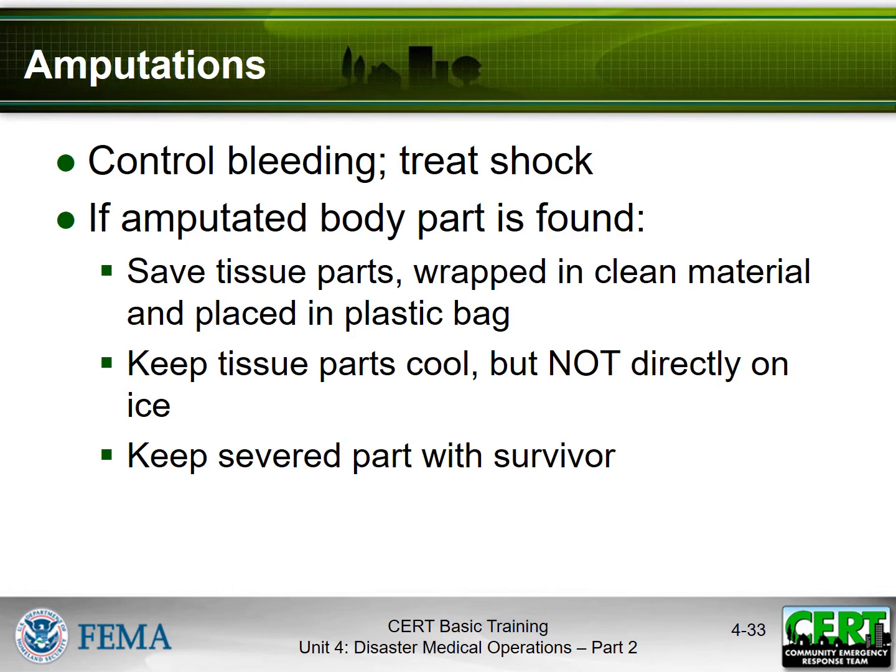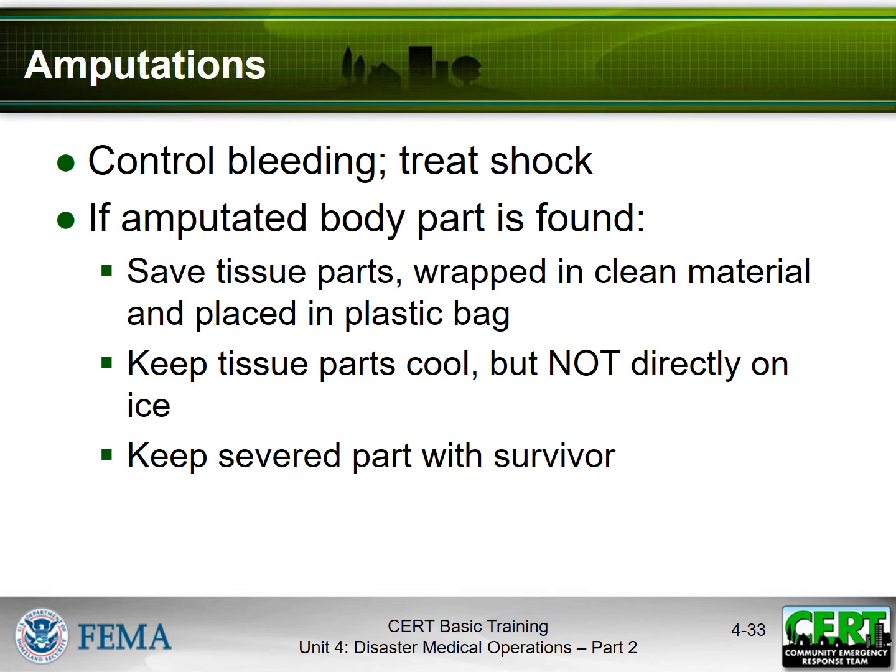Amputations. This means somebody did something and a part of their body is now missing: a hand, finger, toe, foot, leg, arm. Control the bleeding and treat for shock. If the amputated body part is found, save the tissue parts, wrap them in clean material and place in a plastic bag.